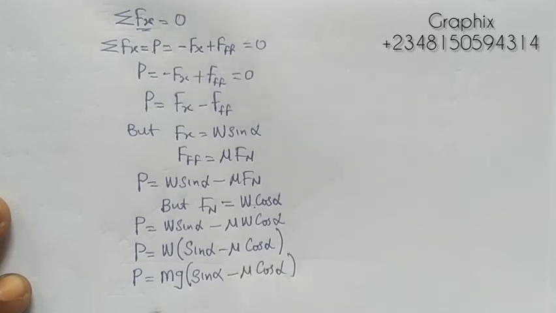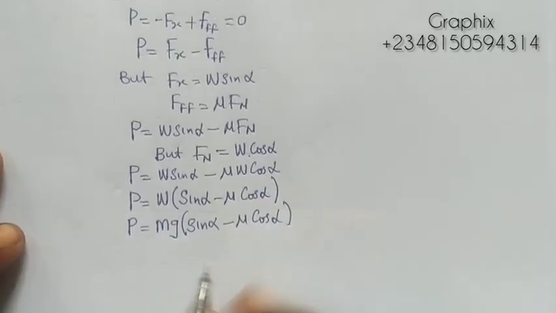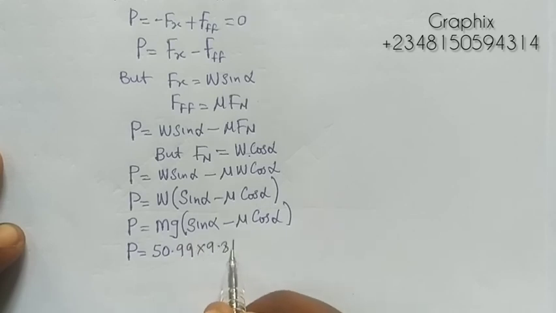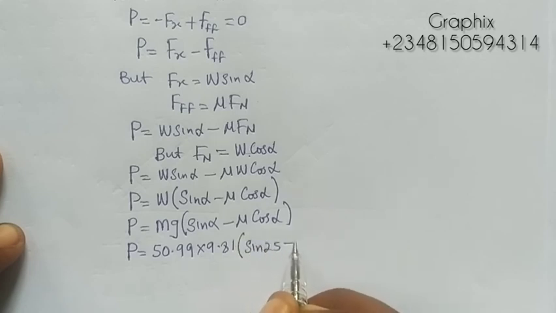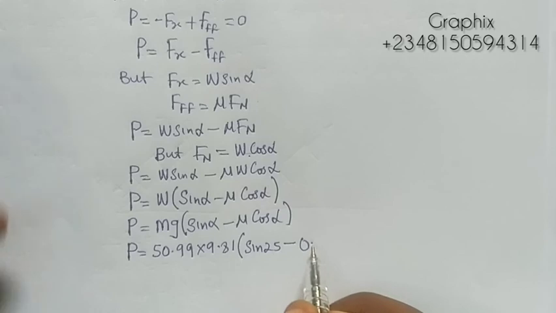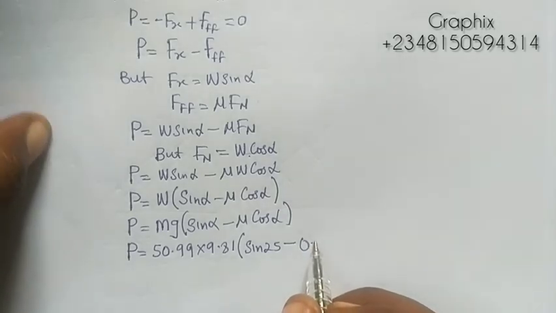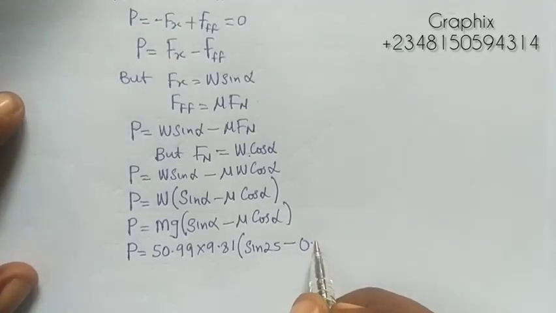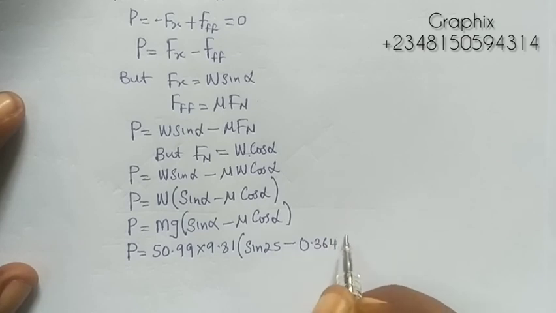So P will now be the mass, 50.99, times gravity, 9.81, into bracket sine 25 minus mu, which is 0.364, cos 25.